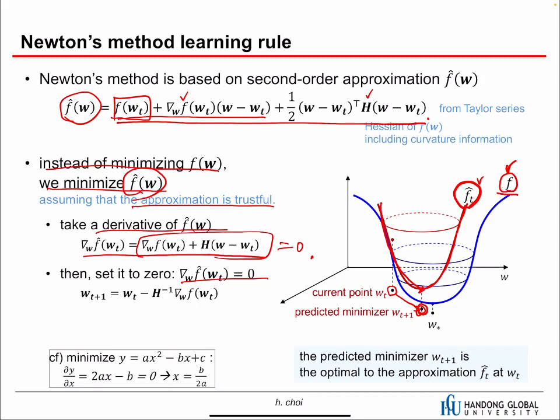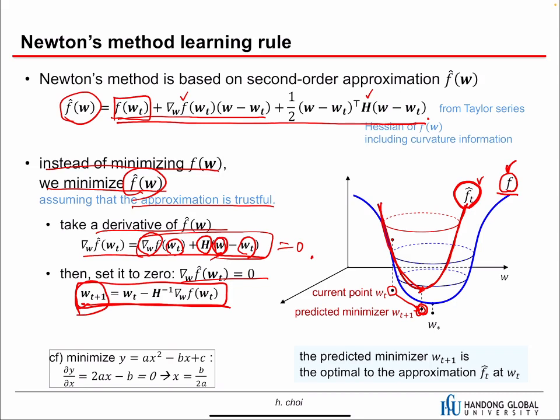We can rearrange the terms so that we have this. This one is the parameter. W sub t is given; the current parameter is fixed. We calculate the gradient and the Hessian, and then we find this W, which will be W sub t plus 1. This is the learning rule for Newton's method.